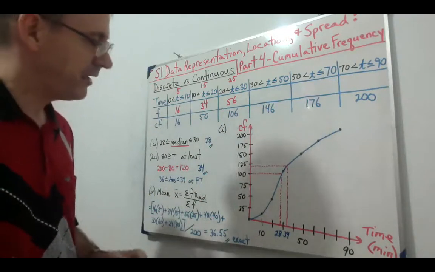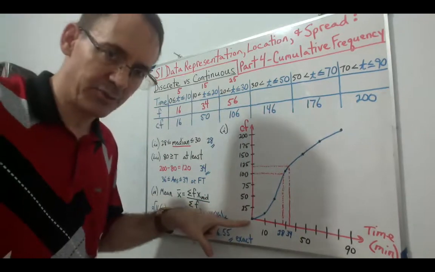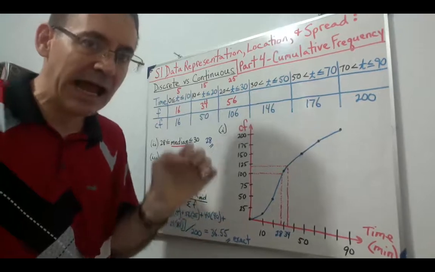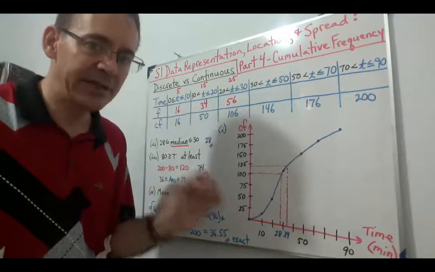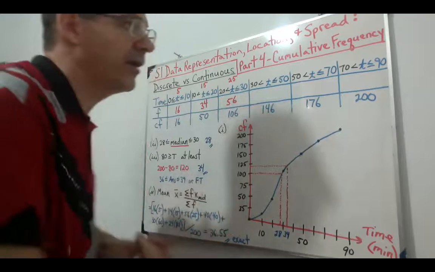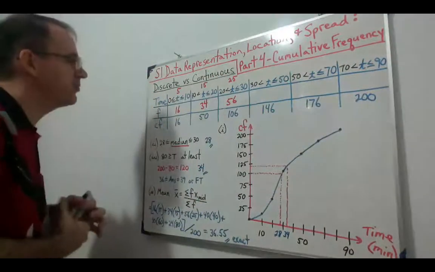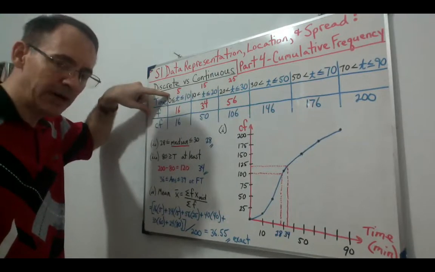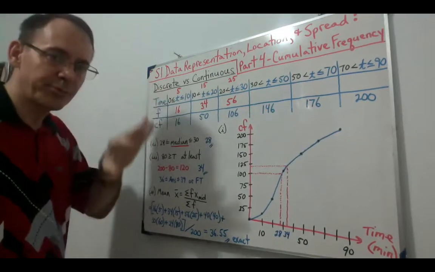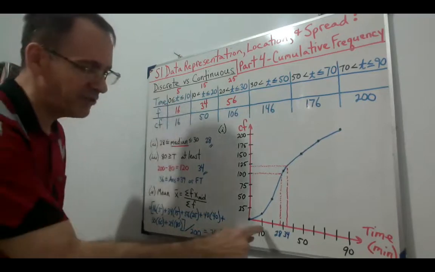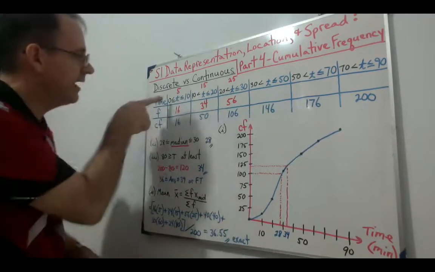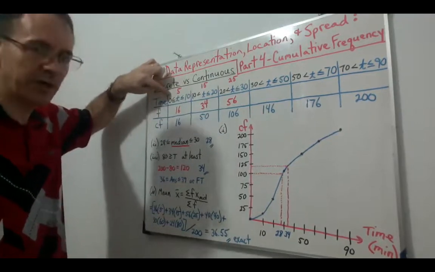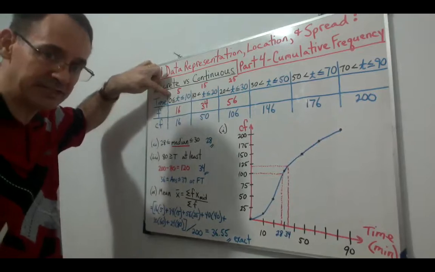Then you need to figure out where your starting point is. Remember when we looked at the previous example, your graph does not have to start at the origin. What you look for is your furthest most left or your least class boundary. So on the previous example, it had started at 5, meaning this number right here in that first class boundary would have been a 5 on that previous example.